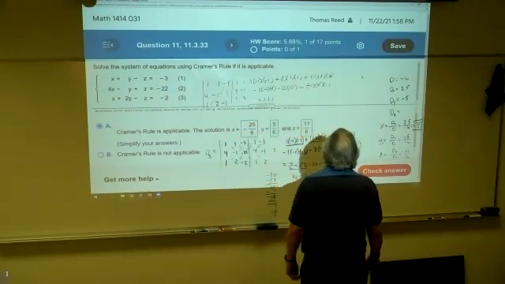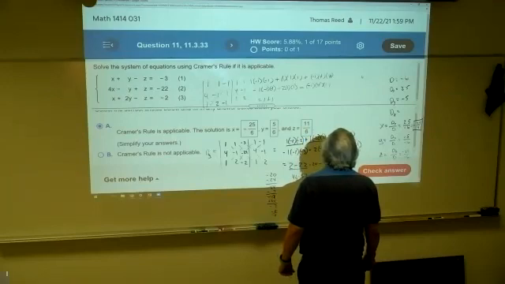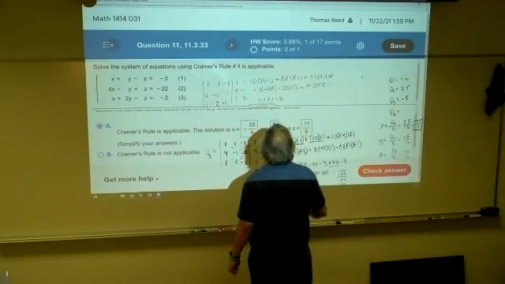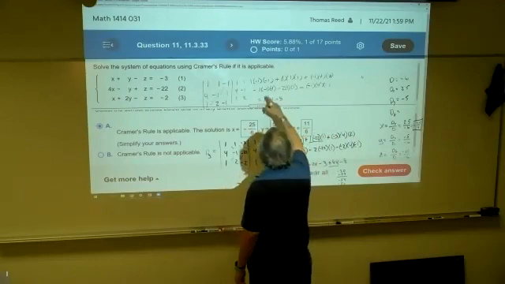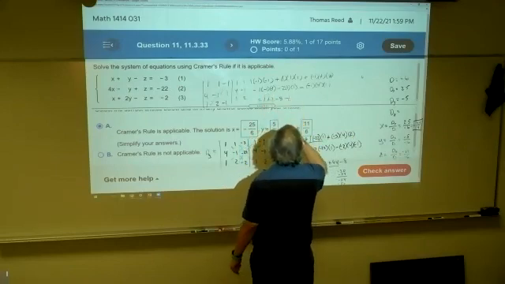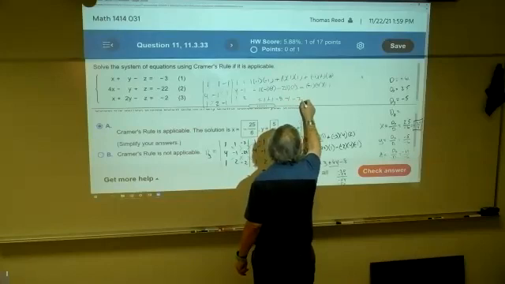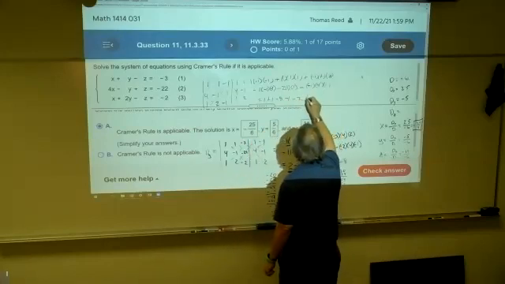That is -8, so we're subtracting 8. This is 1, so I'm subtracting 1. This is 2, so I'm subtracting 2. And this is -4, so I'm adding.